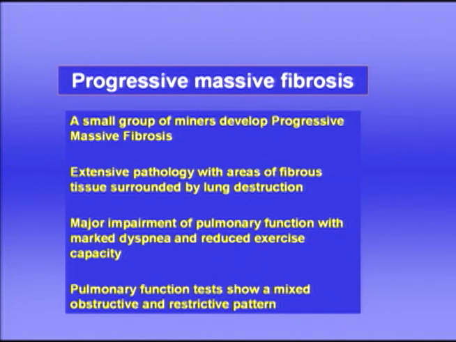It causes, as you might expect, a major impairment of pulmonary function with marked shortness of breath, reduced exercise capacity, and the pulmonary function tests actually show a mixed obstructive and restrictive pattern. So it's a very serious disease, and fortunately only occurs in a minority of the mine workers who develop pneumoconiosis.